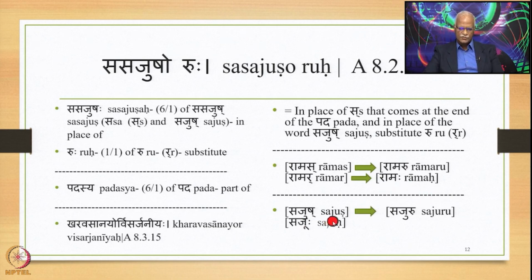Similarly, Sajush is then substituted by Sajuru, then this Ru is substituted by R, and then because of this R, this short vowel gets lengthened because of the sutras that apply. And so finally we get the form Sajuhu, which is the 1/1 of Sajush. So this is how Sasajushoruhu applies.